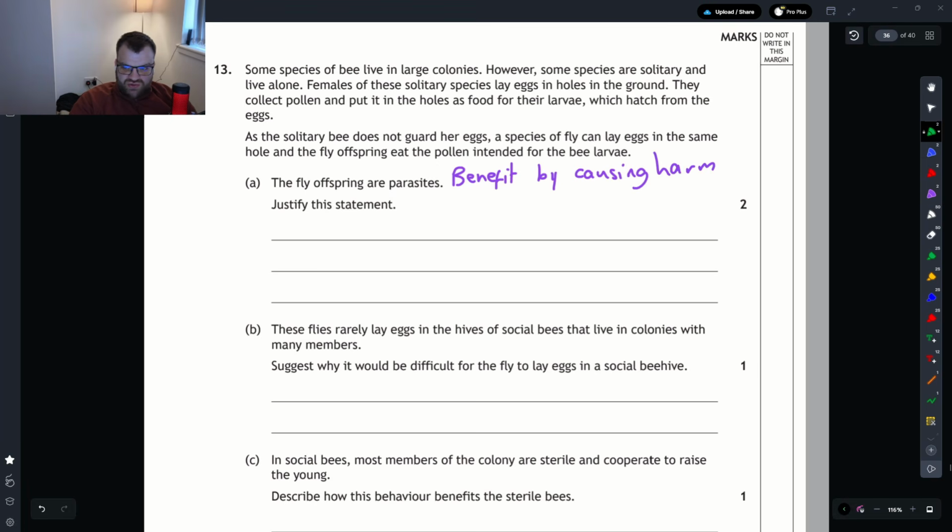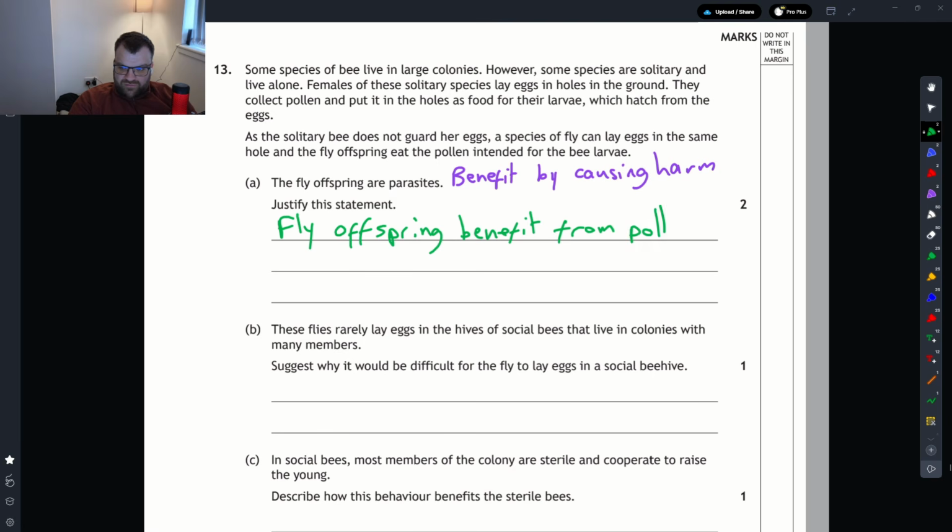So what do the parasites do? Fly offspring benefit from food while harming bee larvae by a loss of food.